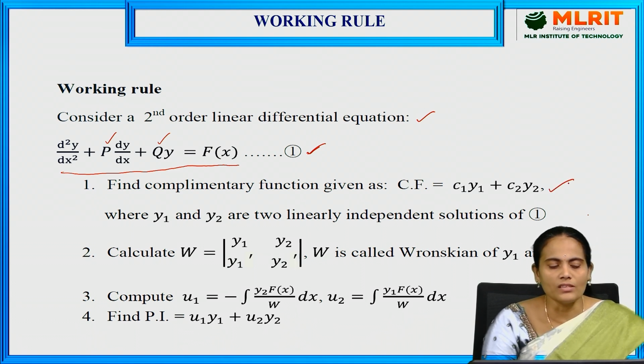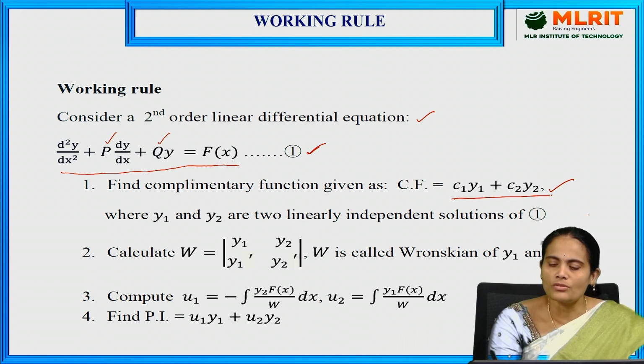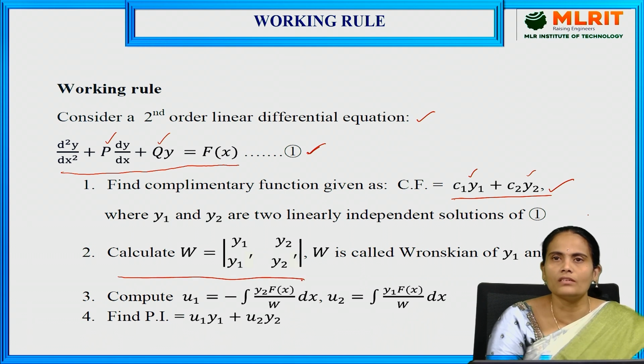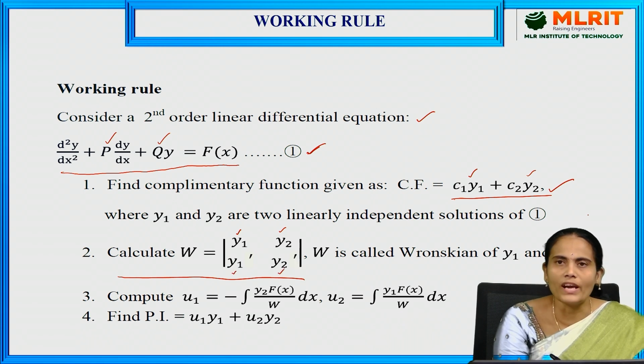The step 1 is finding the complementary function. Already we know how to find the complementary function. After getting that, you have to assume the complementary function as c1 y1 plus c2 into y2. The next is step 2. What's step 2? You have to calculate the Wronskian. What does the Wronskian mean? The determinant of y1, y2, y1 dash, y2 dash.